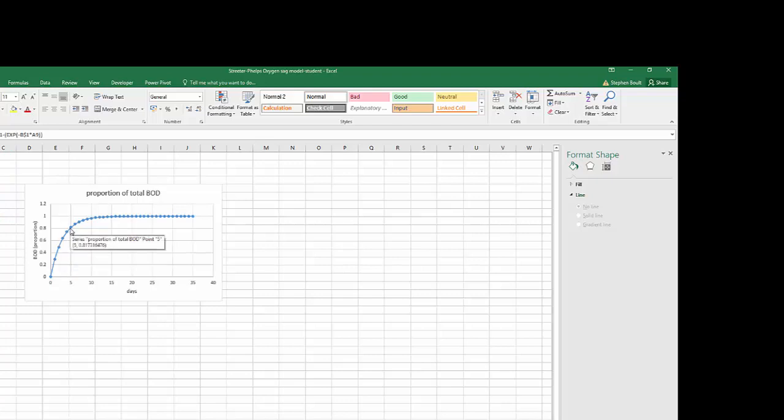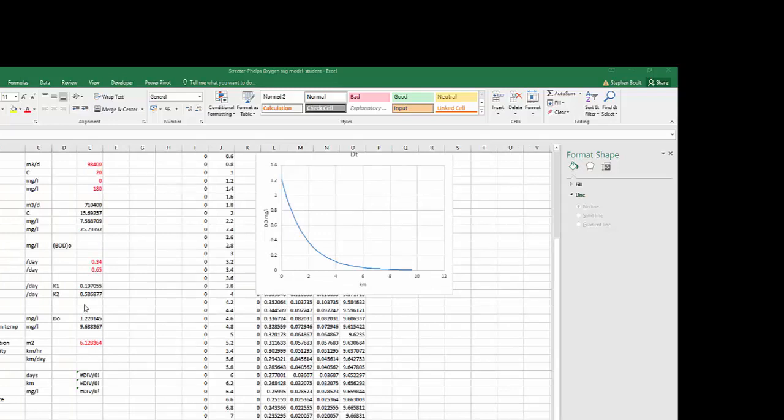We're interested in the total BOD, so we know that 0.817 of the BOD is used in 5 days. So if we divide the BOD5 by 0.817, we'll get the BODL. The BODL standing for the BOD last, so the ultimate BOD. Again, we could use a lookup table, so we could use VLOOKUP, but because the equation is very simple, we might as well just write the equation in.